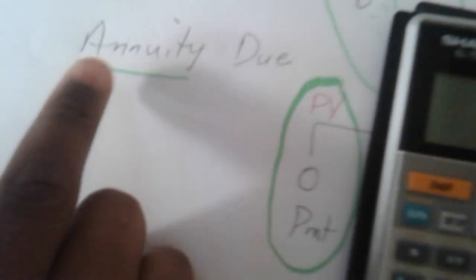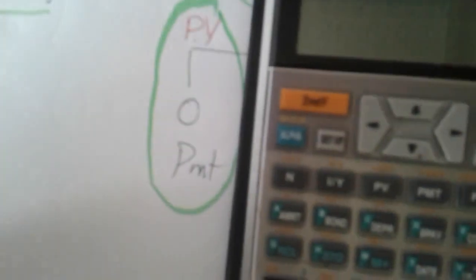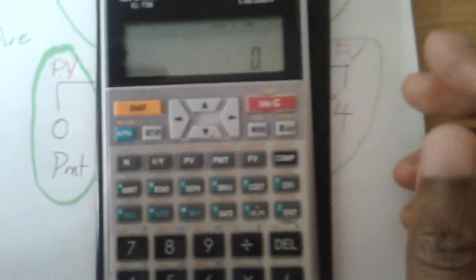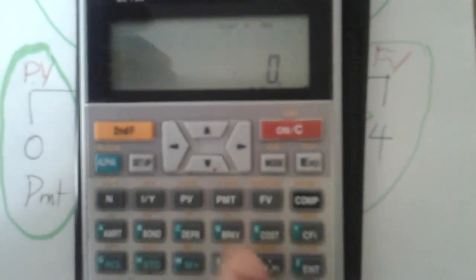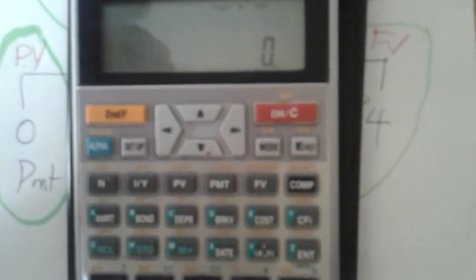Now, quickly, if you are dealing with an annuity due, what exactly must you do on your calculator? You are going to change the mode to BGN. So where is BGN? If you look closely on your FV button, in orange is written BGN/END.